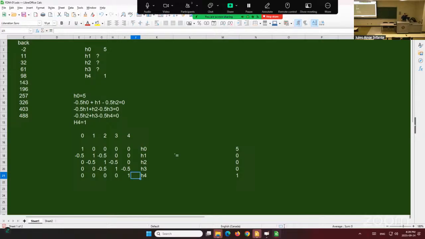Okay. So if I wanted to find the solution of this, I would have to invert this matrix.